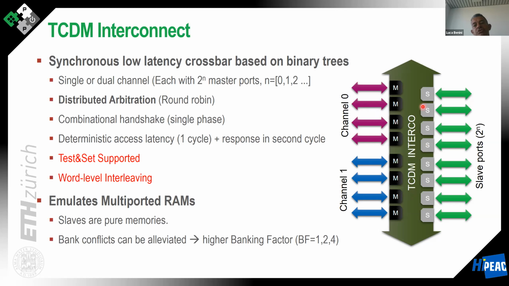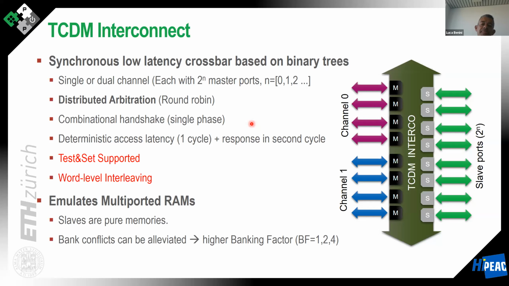Masters are the processors, slaves are the memories, and it implements distributed arbitration, so it doesn't have a centralized bottleneck in the arbiter. It has a combinational handshake as required for a short latency interconnect, so there are no multiple stages, multiple clock cycles when you traverse the interconnect, but the interconnect is traversed in a clock cycle.